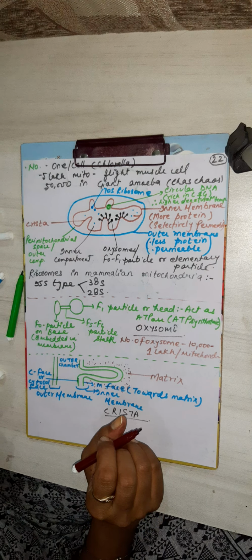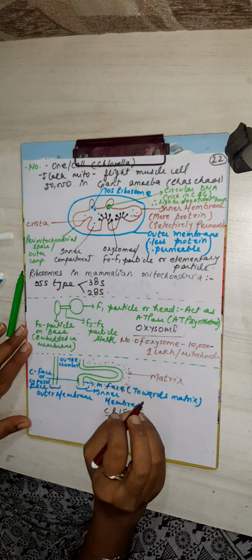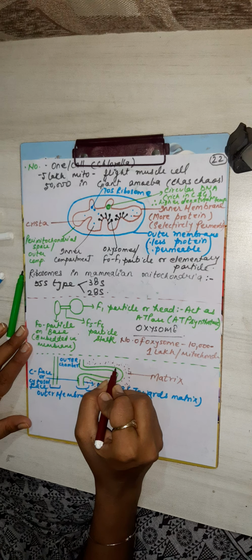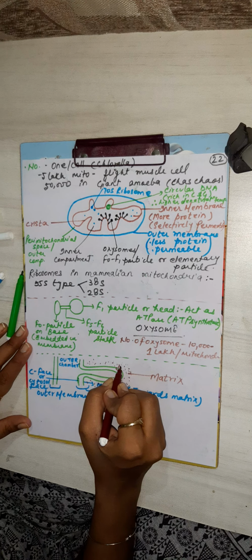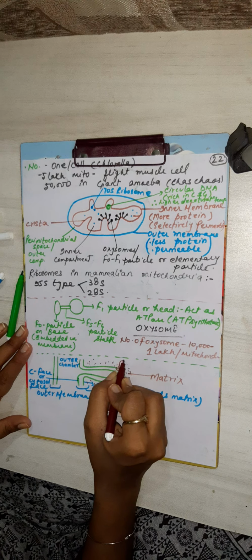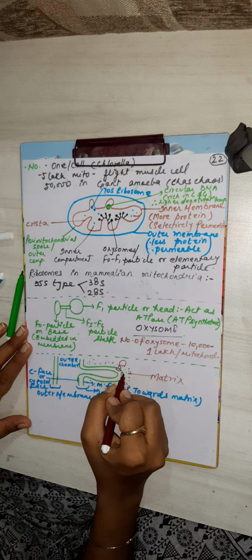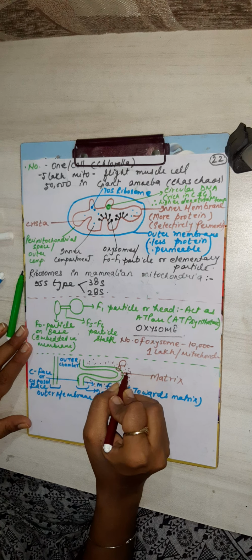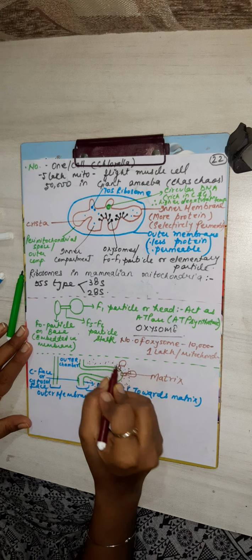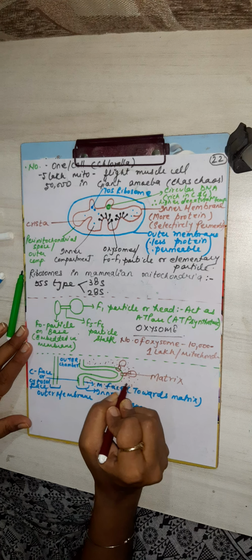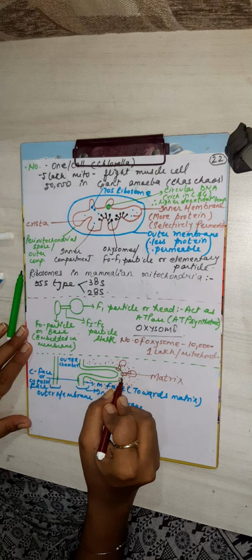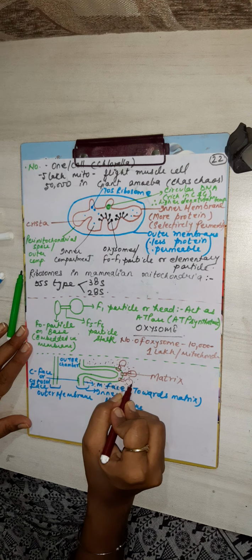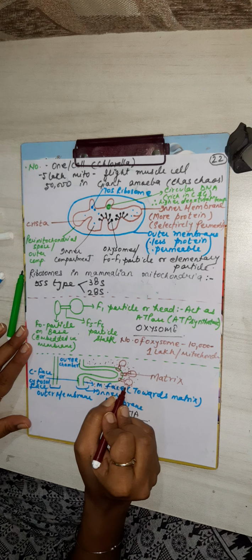And now come to this particle. Oxysomes F0, F1. This one is F0, ATP synthase.